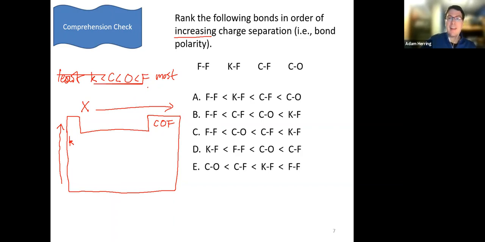All right, now we're not just looking at the electronegativities themselves, but the pairings. So fluorine to fluorine is going to have no difference in electronegativity because it's the same element. So it doesn't matter that the fluorine's the most electronegative element, because in this case, it's bound to itself.